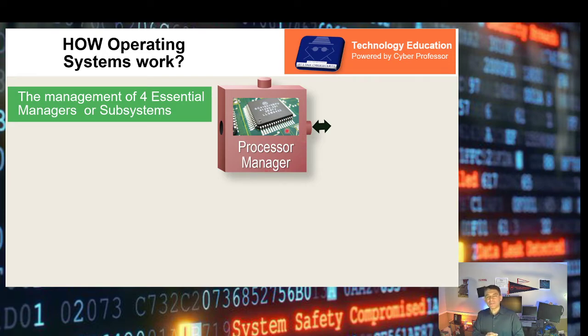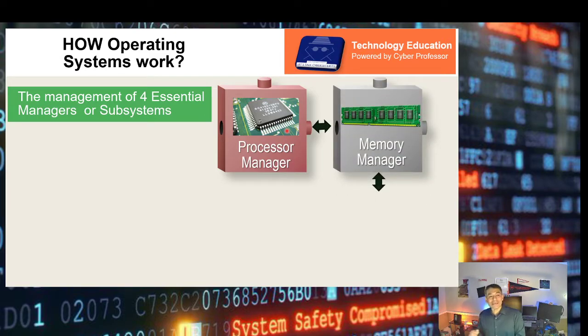So it's the capability of the operating system to handle the CPU or the processor in your computers. The operating system has to be smart enough and capable enough to manage how the CPU is used by the software applications that reside on a given computer system.